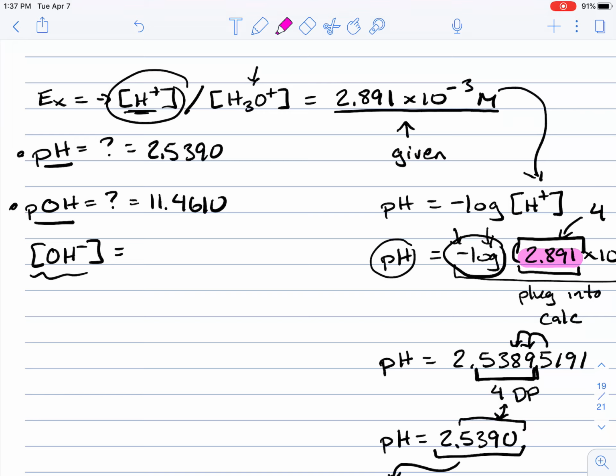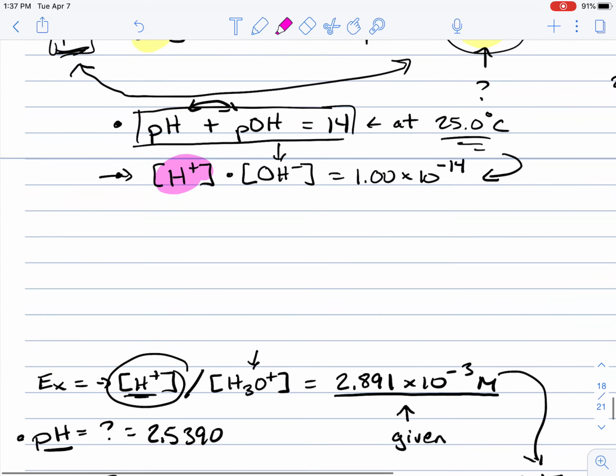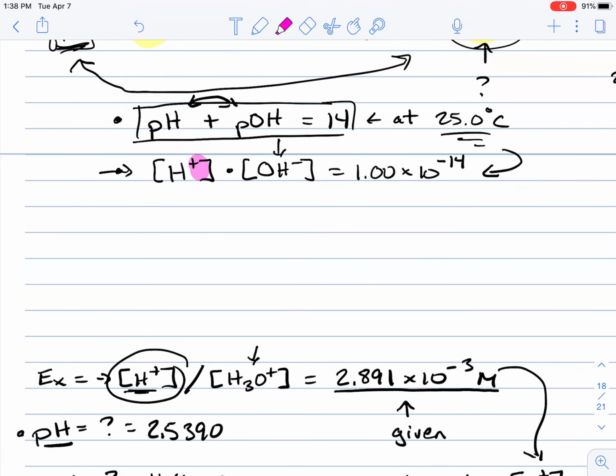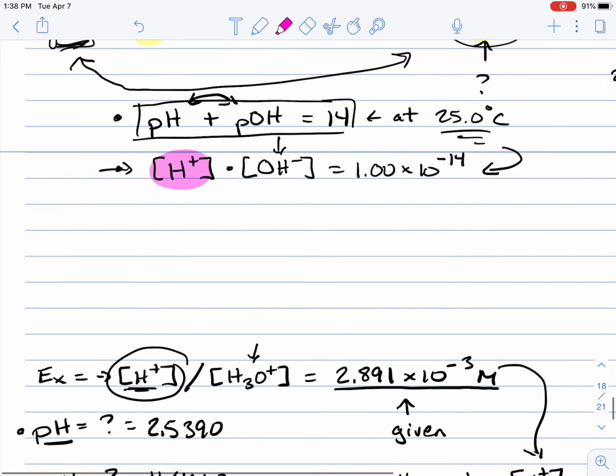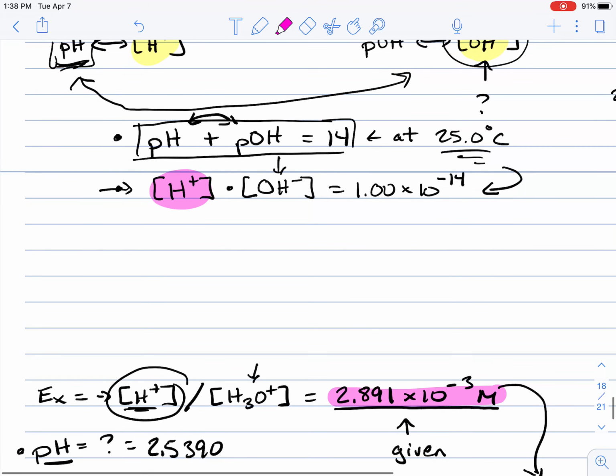And so you guys can, I'm going to erase some stuff here. Since the concentration of hydrogen ion was already given to you from the very beginning, you guys can go ahead and use this equation to solve for the concentration of hydroxide.